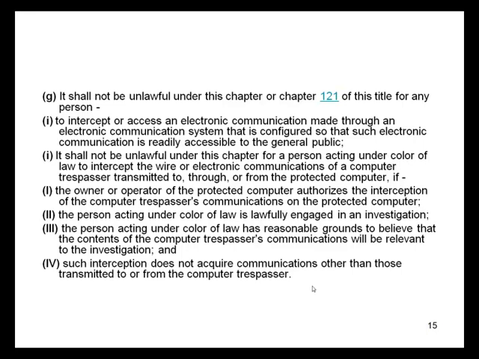It also says that you can't listen to these communications as a law enforcement person or under the color of law, as it describes it, unless you're doing it from the perspective of an owner operator or a lawfully engaged lawful investigation, and whatever other requirements which are going to be put forth further down the statute on these.